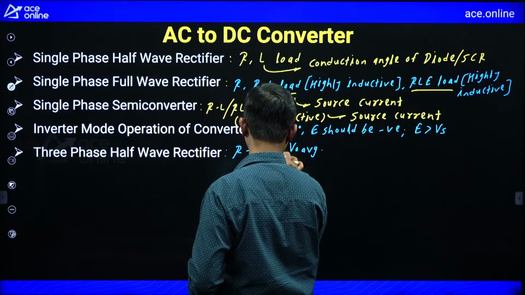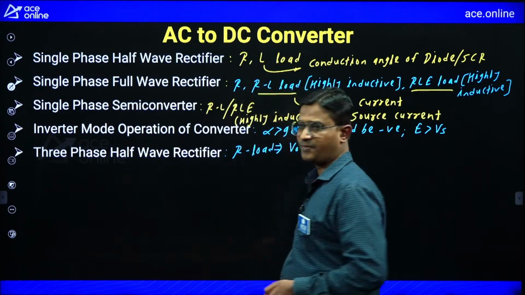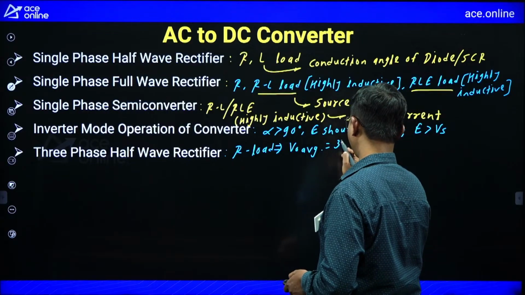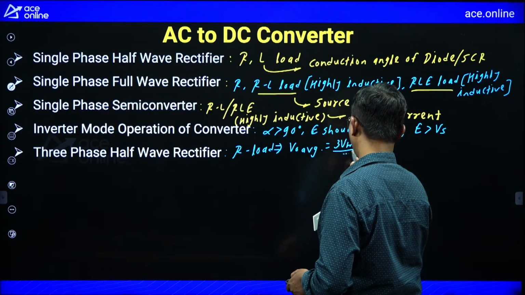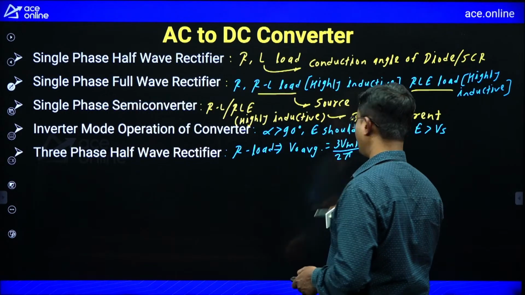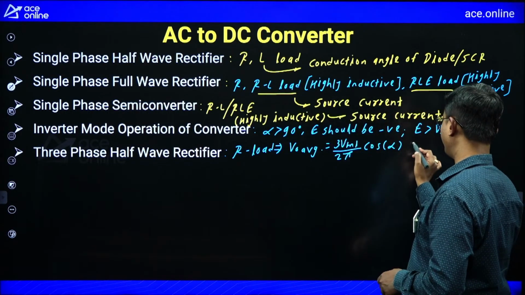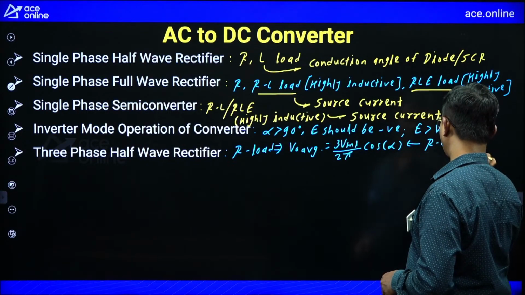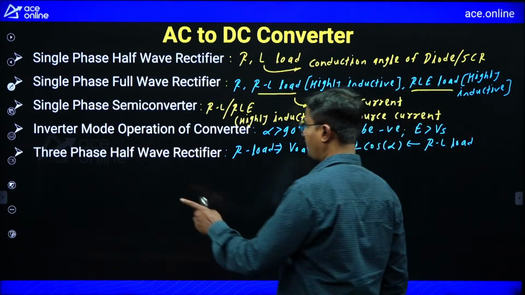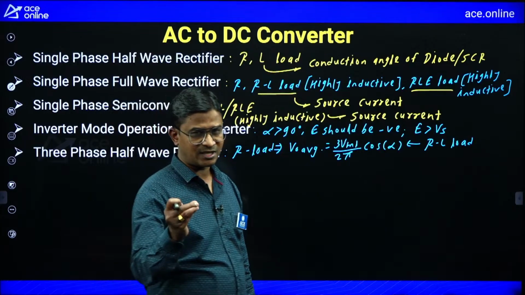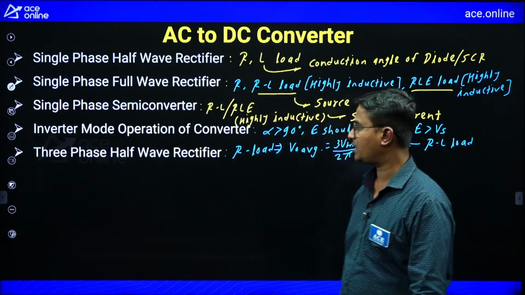Please memorize this expression: 3 VML upon 2 pi into cos alpha. The same expression is valid for RL load also. So for three-phase half-wave, you are required to memorize this expression. Straightforward questions are asked based on the expression.